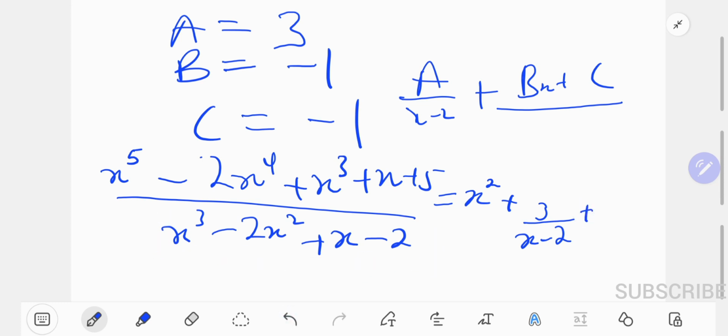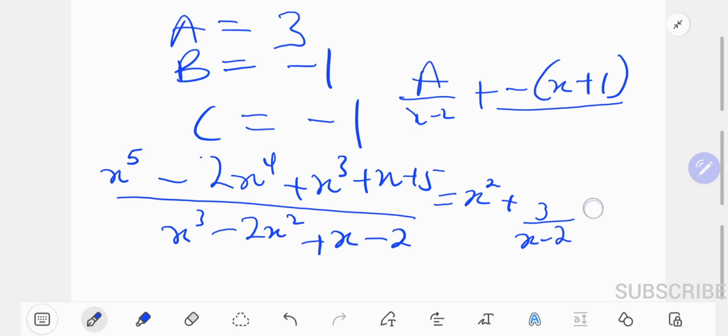So that would be plus, what was our value of b? B was -1, right? So if we replace -1 here, we're going to get minus x, and then c was also -1, so this is going to give us -1. So we can just bring out minus out, then write it as this. So we can now write it as that.